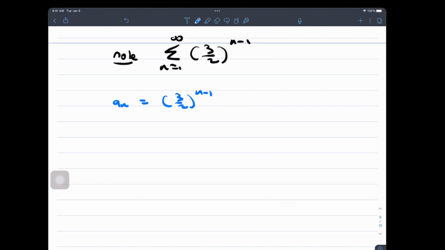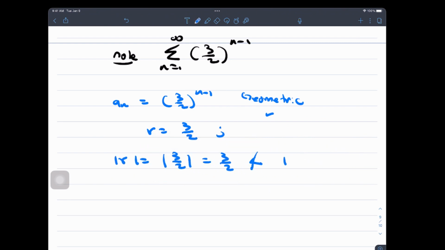This will be geometric, just so you guys know. You can verify this is geometric. r here is going to be 3/2. And the problem is that the absolute value of r is 3/2, and that is not smaller than 1.